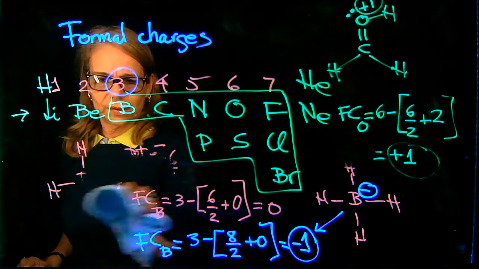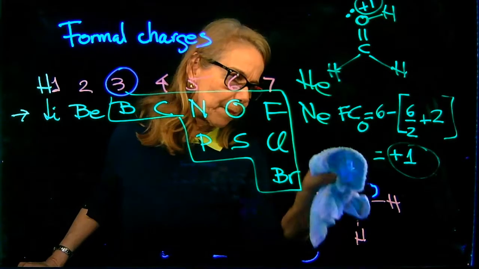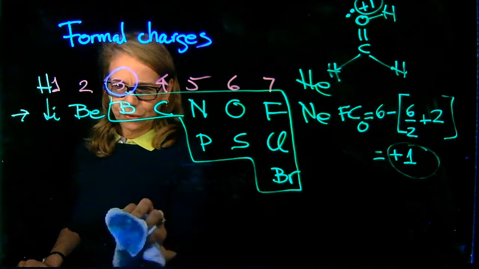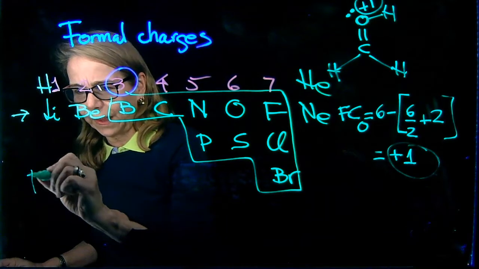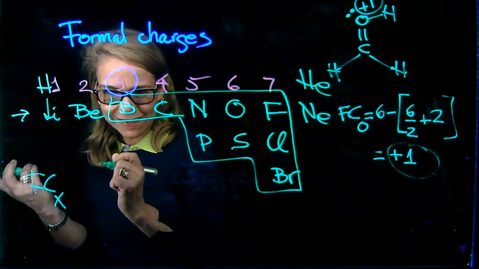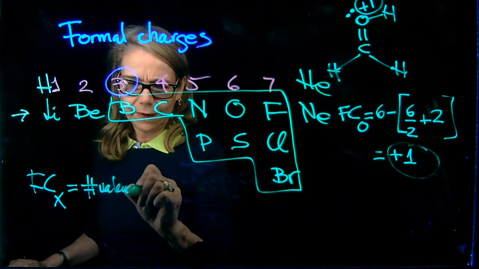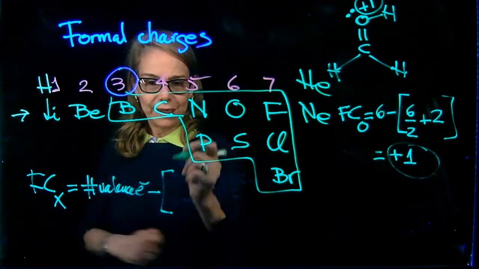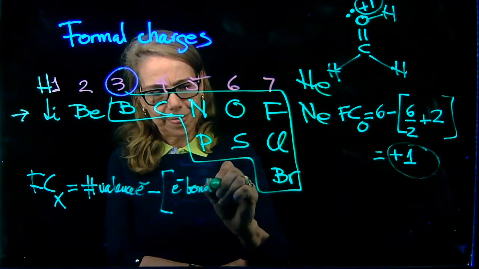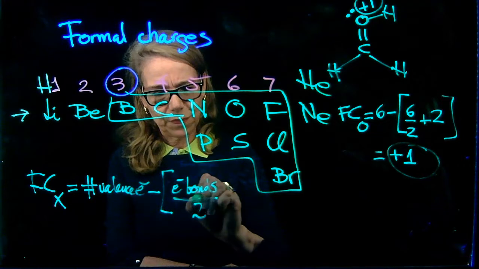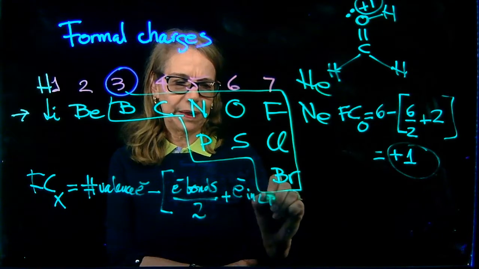So let's write a general formula for what we just did, that you would use in any compound to do your formal charge. So say the formal charge of an atom X. So here you go. Number of valence electrons minus the electrons in bonds divided by 2, and then you add the electrons in lone pairs.